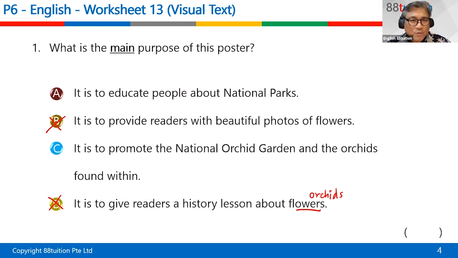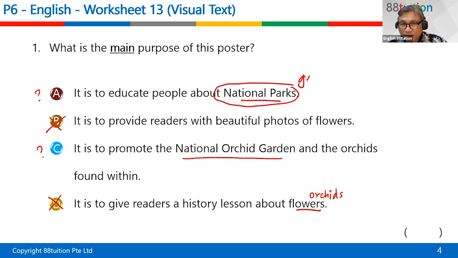So these two, A and C, seem to be the most suitable candidates because they're talking about the national park. The first one, to educate people about national parks. And this one, to promote National Orchid Garden. But this is about national parks, which is general.